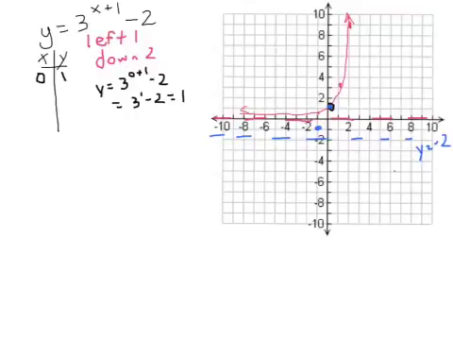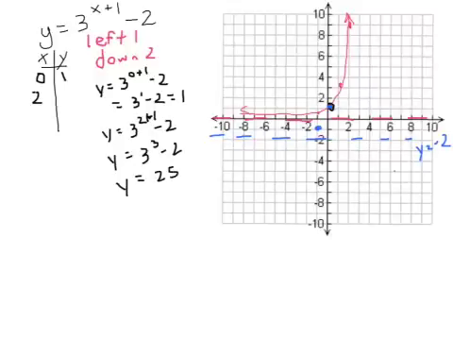So now that is our new point right there. Okay? And then I'm going to fill in, say, 2. And that'd be y equals 3 to the 2 plus 1, and then minus 2, so that's y equals 3 to the third minus 2. y equals 27 minus 2, or 25.